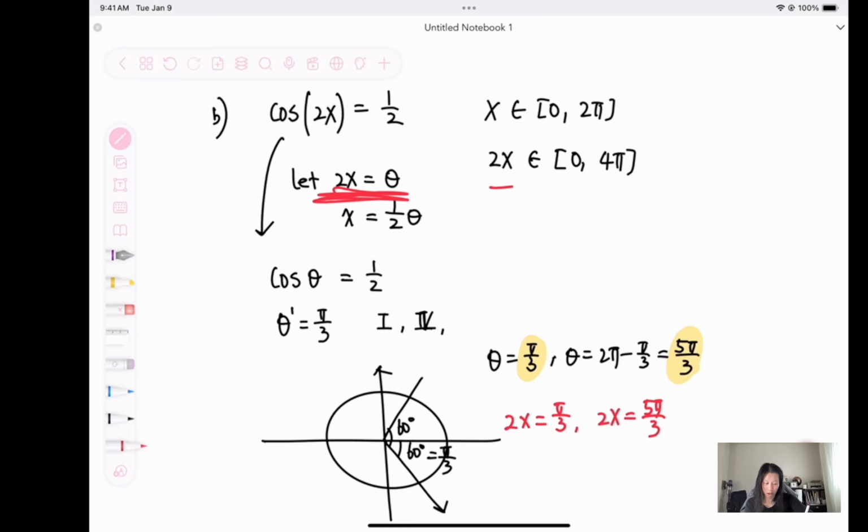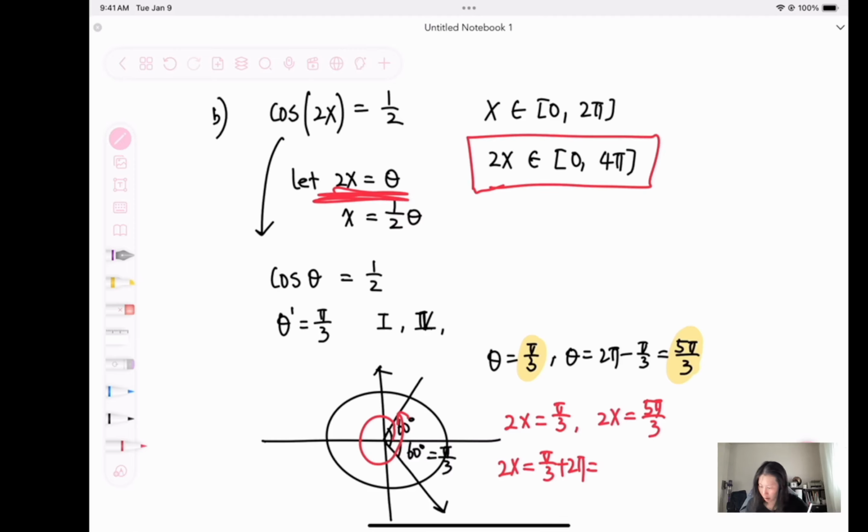This is a little bit tricky because 2x is in the domain from 0 to 4 pi. So that means this angle is not enough. They're going to rotate again. So we can add another 2 pi to the first answer. So it's pi over 3 plus 2 pi, which is still within the domain, less than 4 pi.